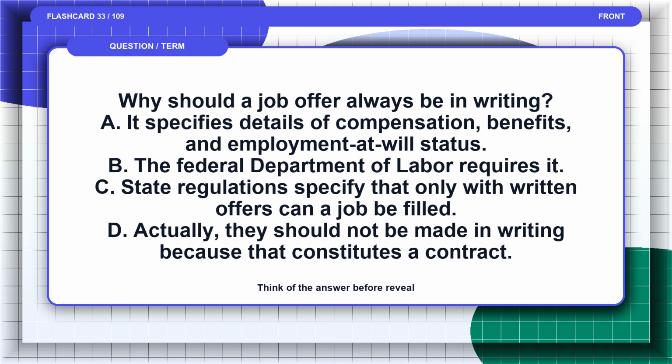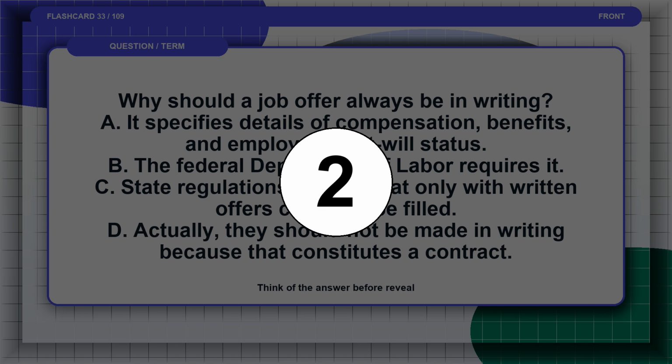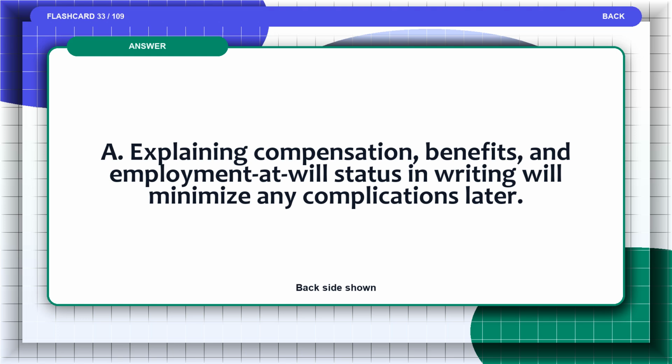D. Actually, they should not be made in writing because they constitute a contract. Pause and think of the answer before the reveal. The answer is: explaining compensation, benefits, and employment at will status in writing will minimize any complications later.